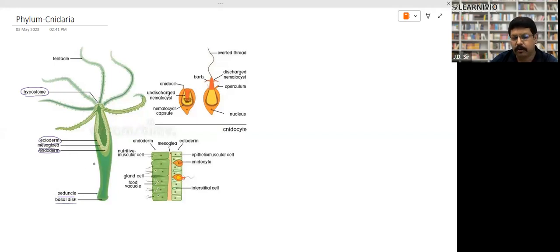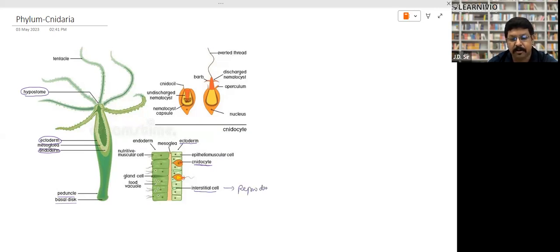Ectoderm, mesoglea, and endoderm, it has three layers, right? The ectoderm has an outer epithelial layer and some cnidocyte cells. These are the stinging cells, right? Cnidoblast cells, they are stinging cells. Some interstitial cells. Interstitial cells are basically responsible for reproduction.